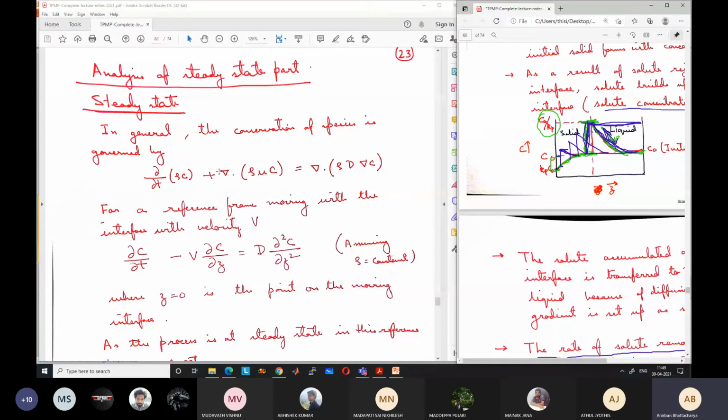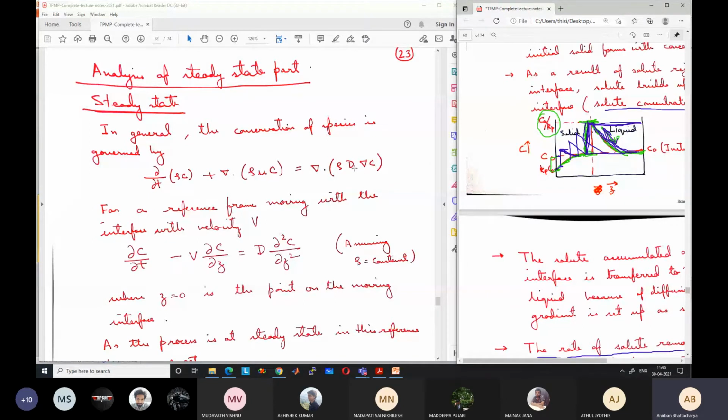Here c is the concentration in the liquid that we are studying. Del dot rho u c is the change in concentration due to flow, and del dot rho D del c is the change of concentration due to diffusion, where D is the diffusivity, similar to thermal diffusivity.